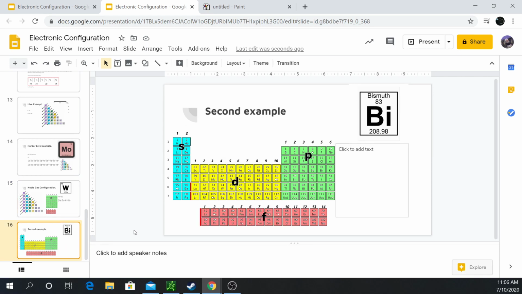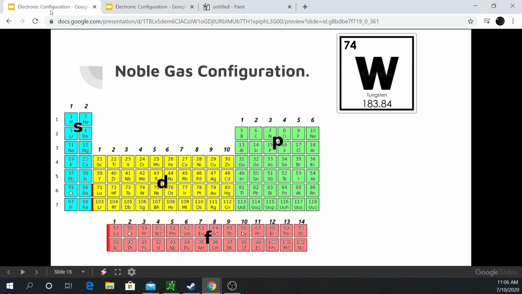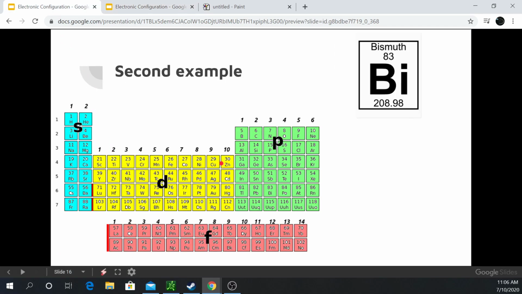Now we're going to go ahead and do the same for bismuth here. Okay. So let's take a look at bismuth. Bismuth is 83, so it's right here on the periodic table. We go all the way to the right and up, which means that we're at xenon.